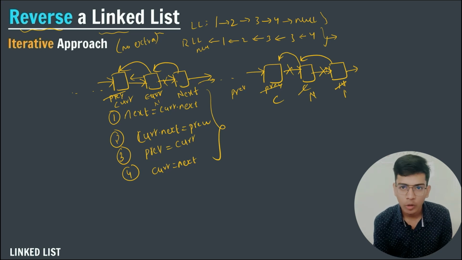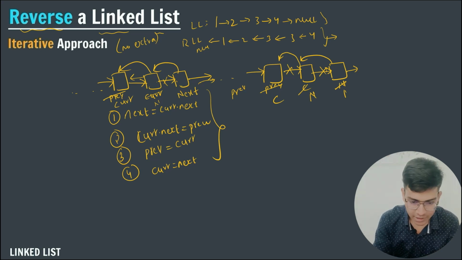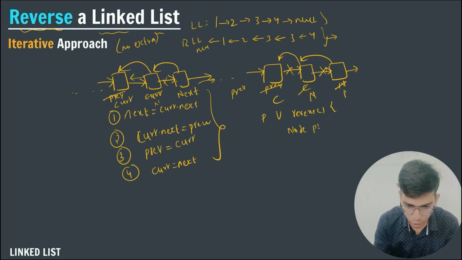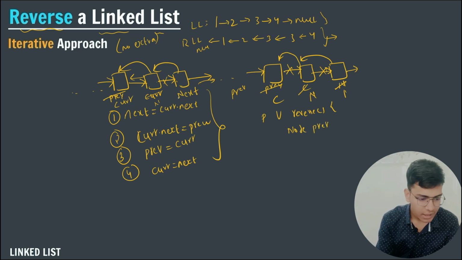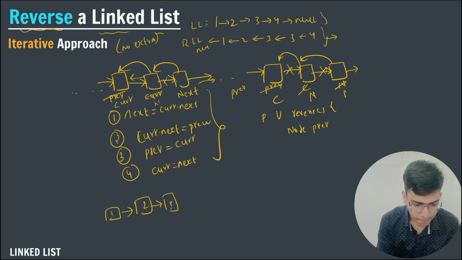So what is the pseudocode here? First of all, we are going to create our function, public void reverse. Reverse is the name of my function. After that, first of all I am going to create Node previous. Initially, let us consider that this is my linked list: 1, 2, 3, 4 and 4 is pointing to null.